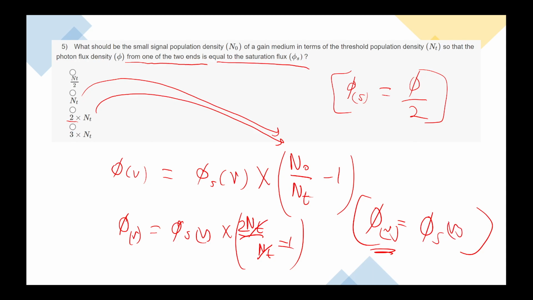Another possibility is 3, so we'll keep 3 here. Then we are getting 2 here, and 2 means it will be equal to this one. Like that we have to solve, and we should get the photon flux density from one of the cavity ends to be half.